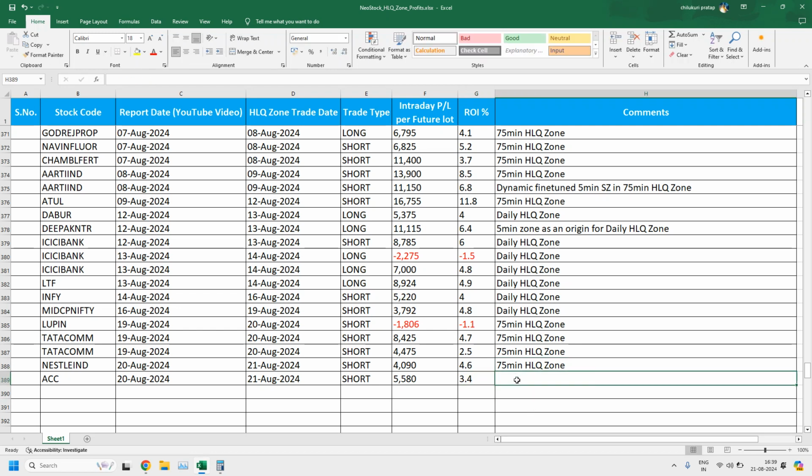This is the 75 minutes high liquidity zone. ACC is a 75 minutes high liquidity zone, a short trade. That means a supply zone trade we have taken. So sorry for missing this analysis yesterday.